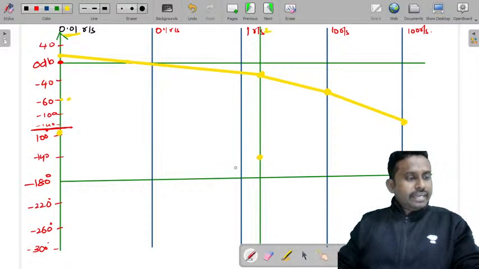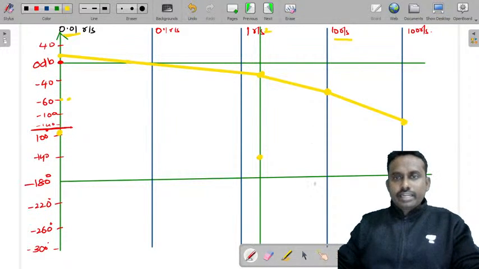Next, at 10 radians, this is the 10 radians line. At 10 radians we have minus 213. I can take somewhere between 220 and 263.1 at 100 radians. I'll take a point here at 100 radians.